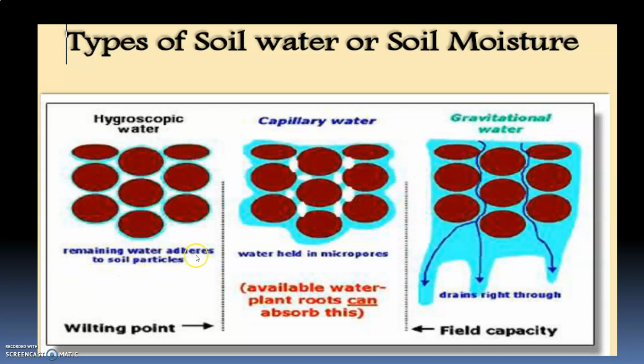The remaining water adheres to the soil particles, and this water is held in micropores, and the gravitational water drains right through. This point is called the wilting point, and the next point is called field capacity. We'll discuss this later.